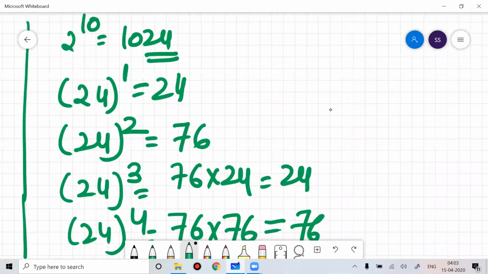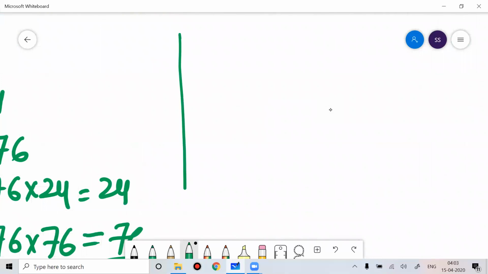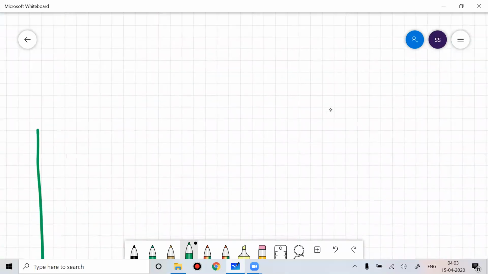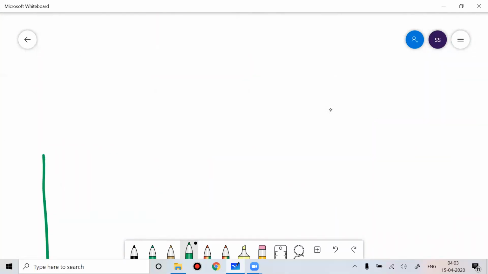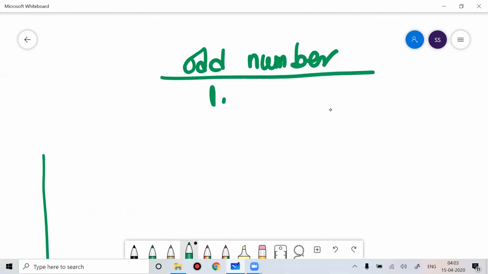Now talking about odd numbers. Whenever you see an odd number, it ends with either 1, 3, 5, 7 or 9. First I'll talk about 5, because 5 is the easiest, and then I'll talk about 1, 3, 7 and 9.